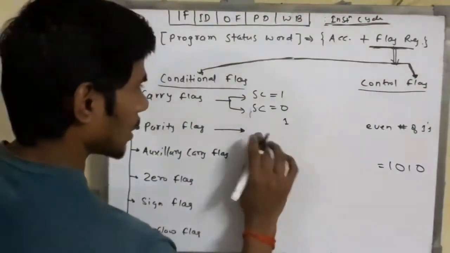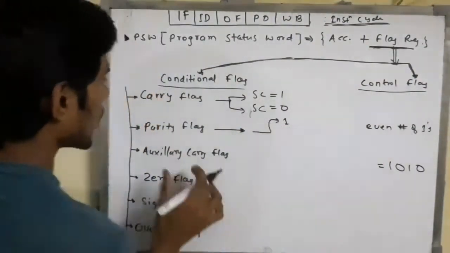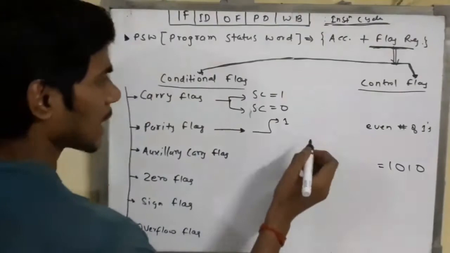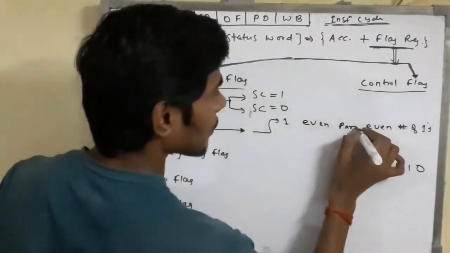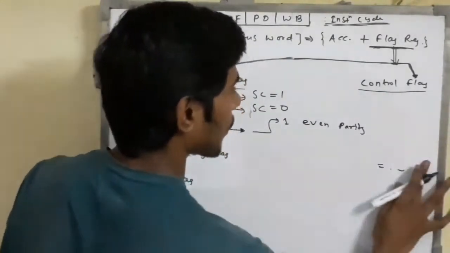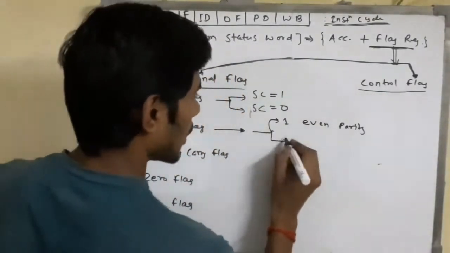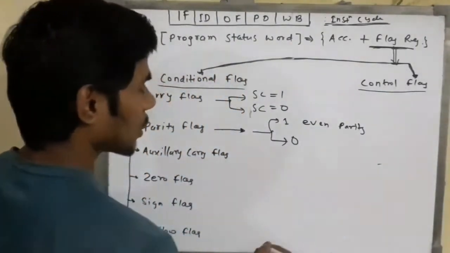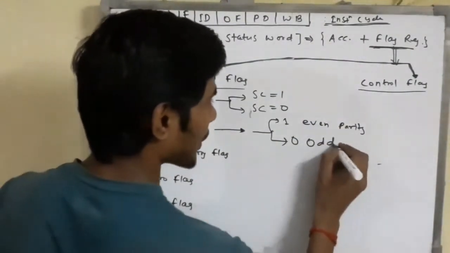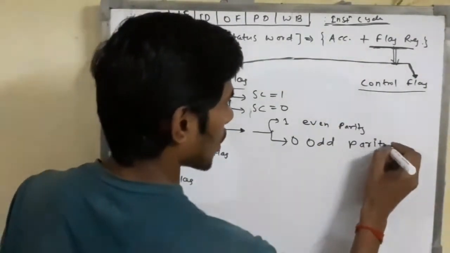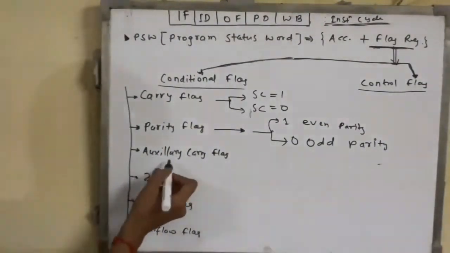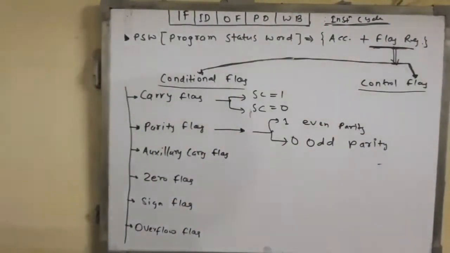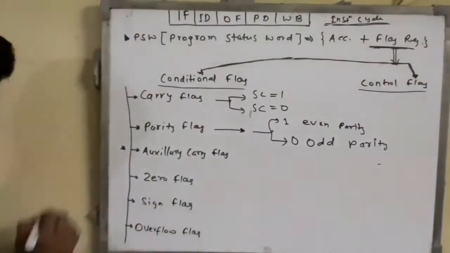If such is the case, then the parity flag will be set to 1 and this is known as even parity. In the other condition, it is set to 0, which is known as odd parity. We will discuss the auxiliary carry flag in detail. Let's skip it here.